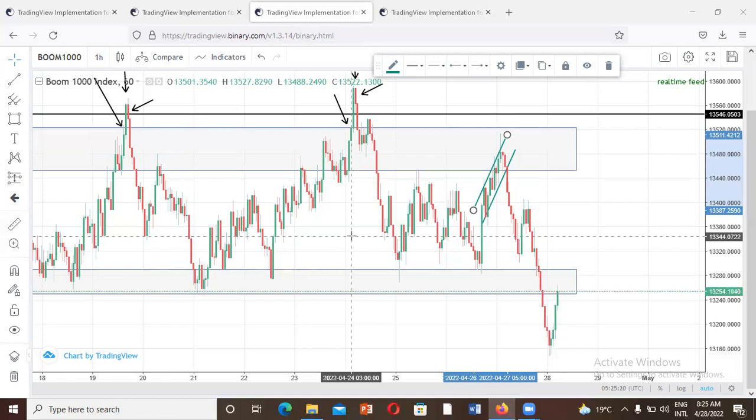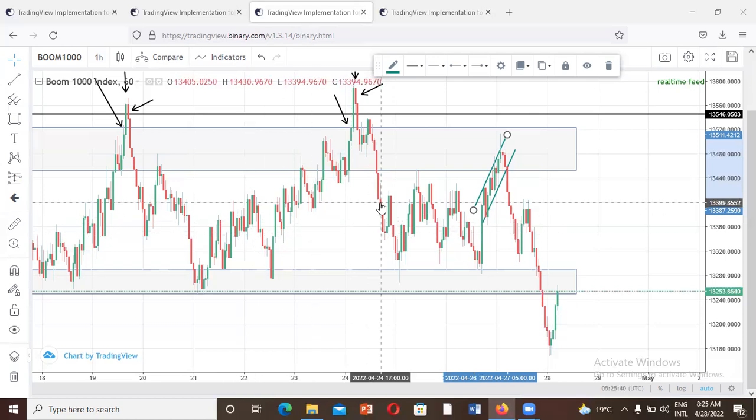And there are various types of chart patterns, which one can even download on Google and see chart patterns and their entry points and stop loss levels.